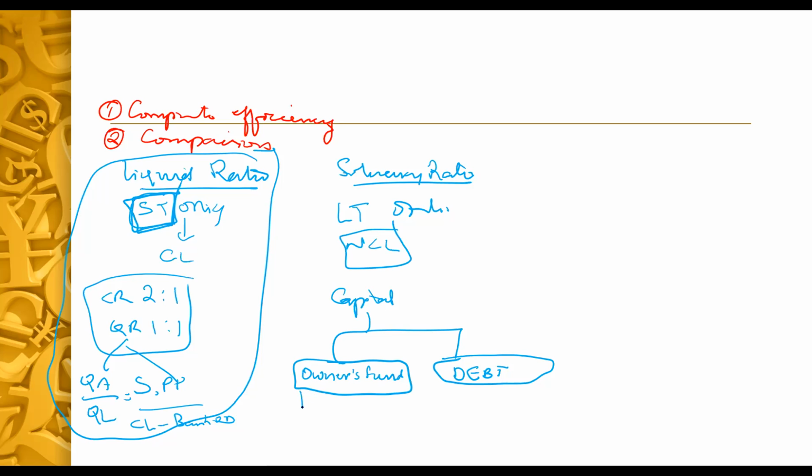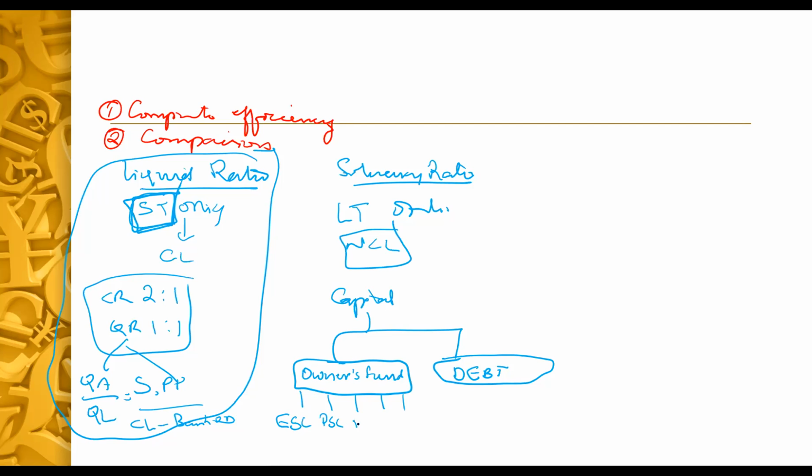This owners fund has a few components. What are they? Obviously, first one, equity share capital. Next one, preference share capital. Next one, debentures.